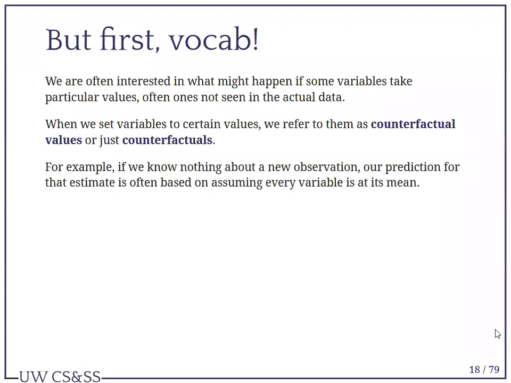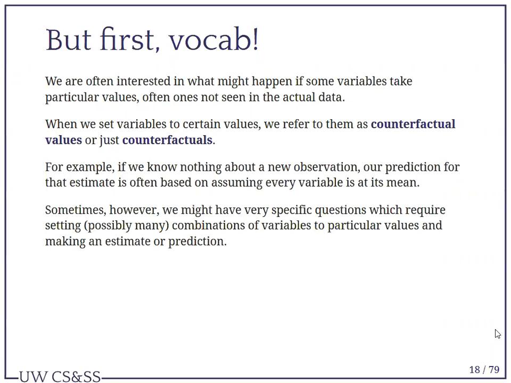When we construct counterfactuals, the logic is pretty similar, where we're using our model to look at the average across all of our coefficients and things to see across some dimensions what our y outcome would be, or the height of this unknown person might be. We might have very specific questions which require setting possibly many combinations of variables to particular values and making an estimate or prediction.